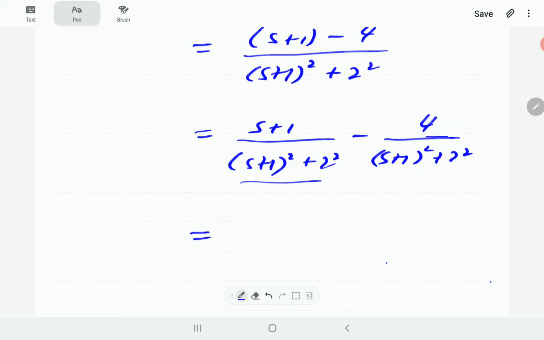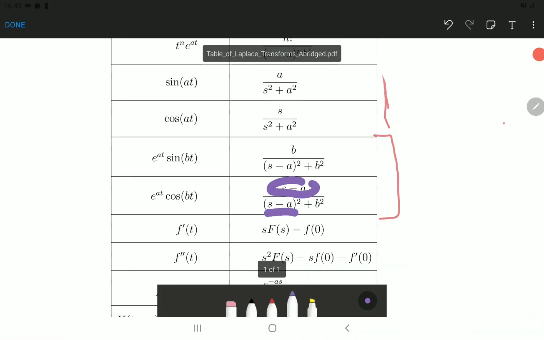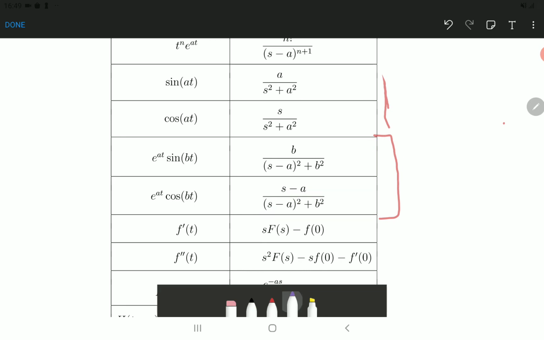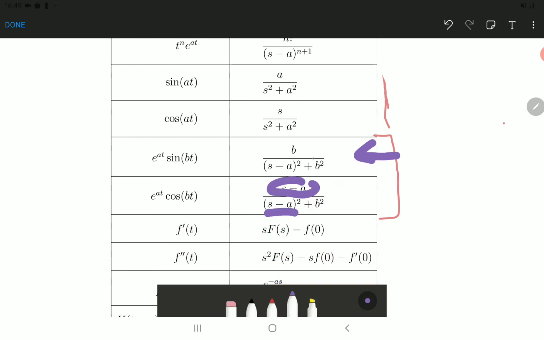The second one, maybe we need to manipulate it algebraically, again checking our table. So the second one is the one with a constant in the numerator. So if you look at this, we need b there corresponding to that b squared.